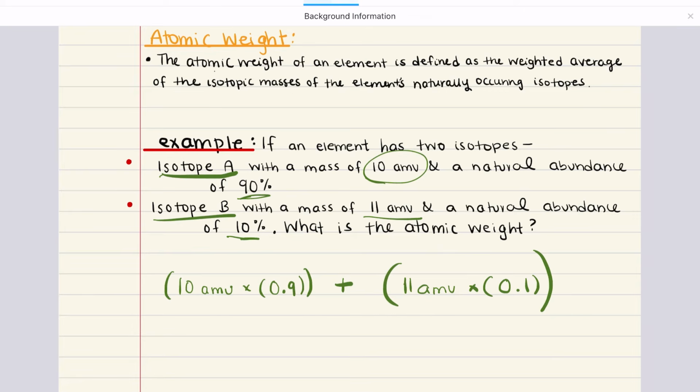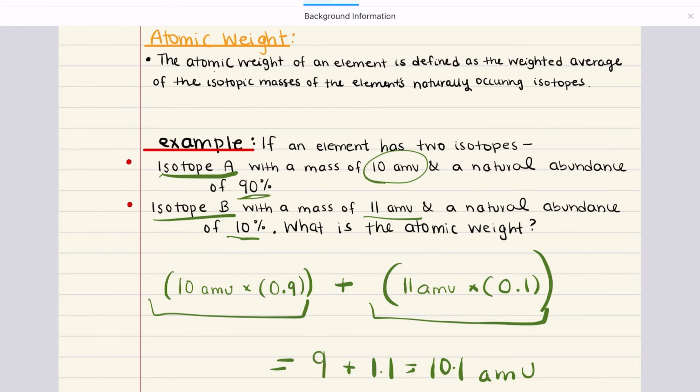All right, we're going to add these 2 values together, and what we get is the atomic weight. If you plug this into a calculator, this first one is 9 plus 1.1, and that gives us 10.1 AMU. So the atomic weight for this element that has 2 isotopes is 10.1 AMU.